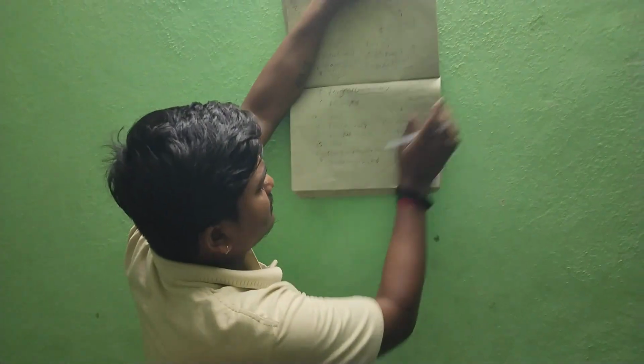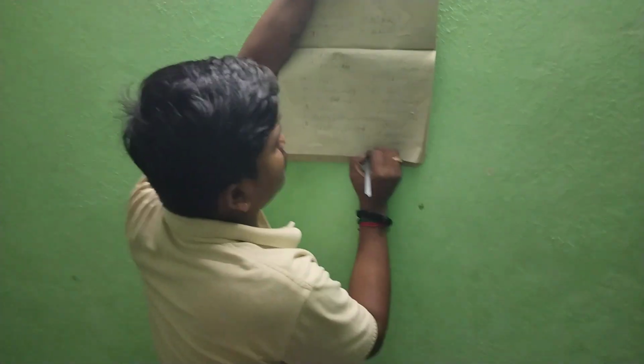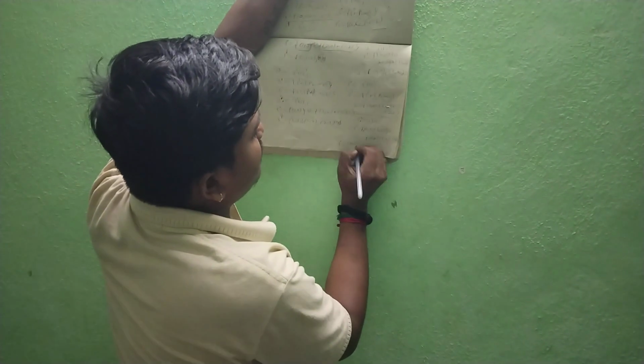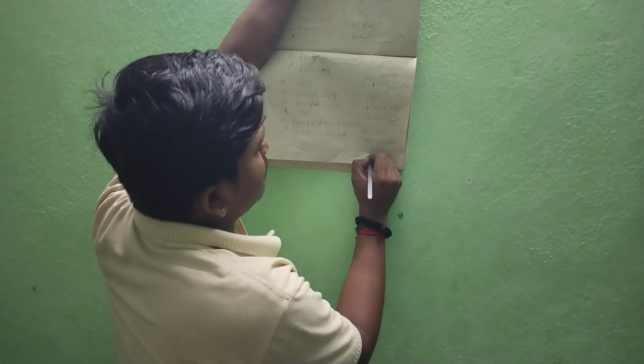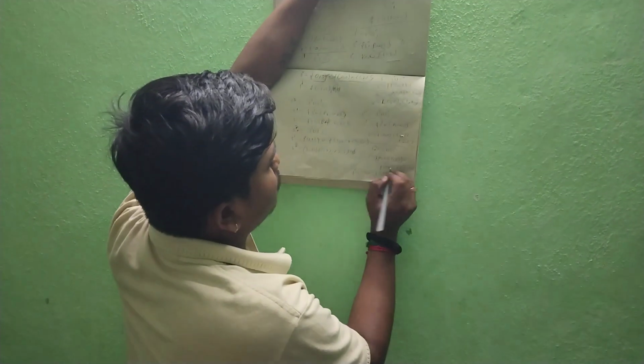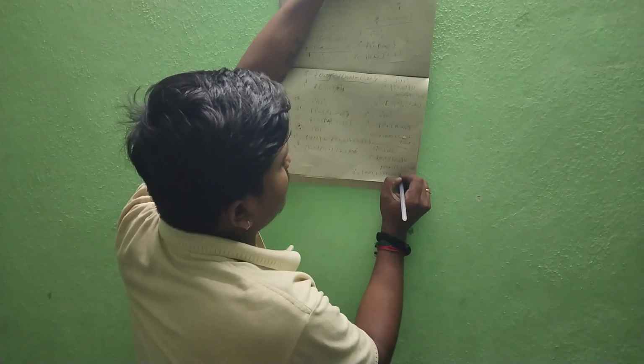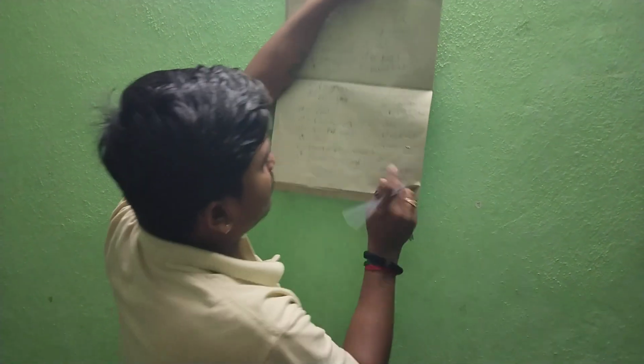The values are S2 is equal to 0 comma 0, 1 comma 2, 2 comma 3, 3 comma 5.